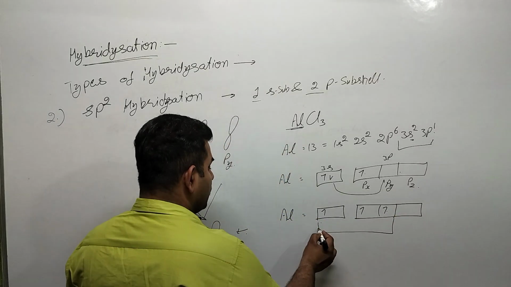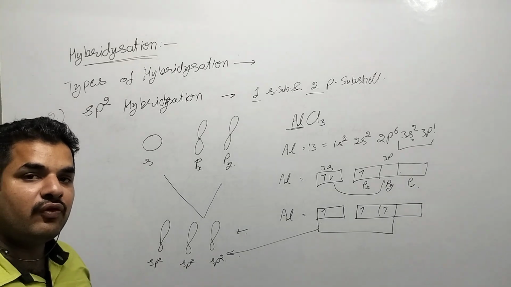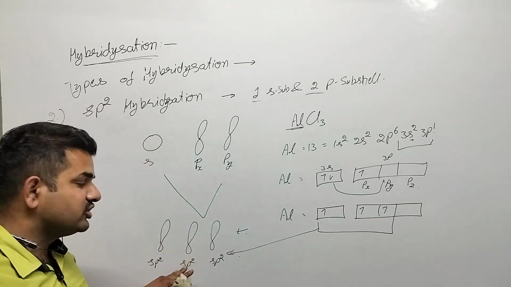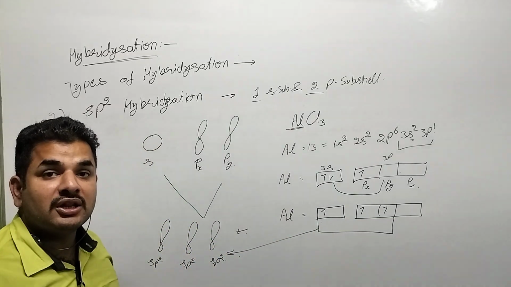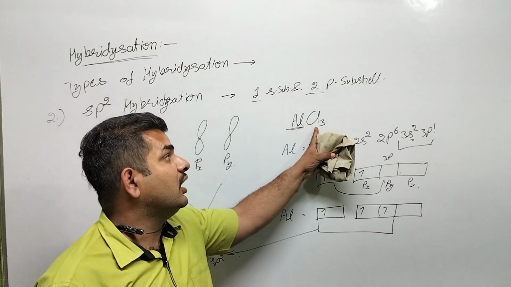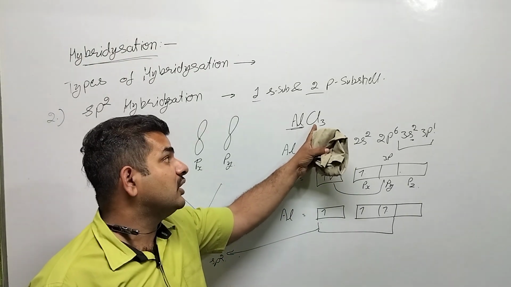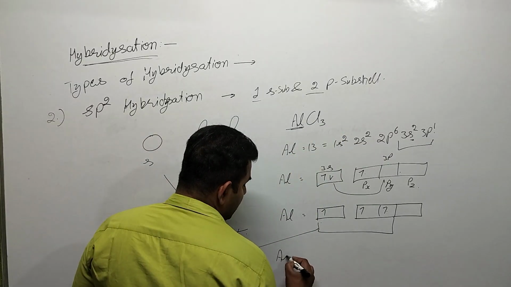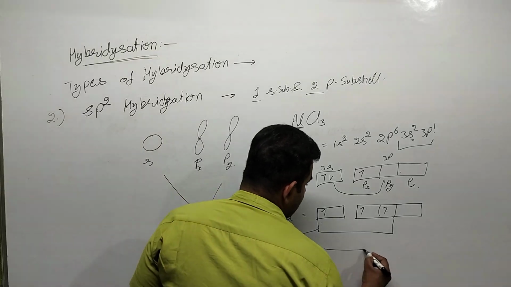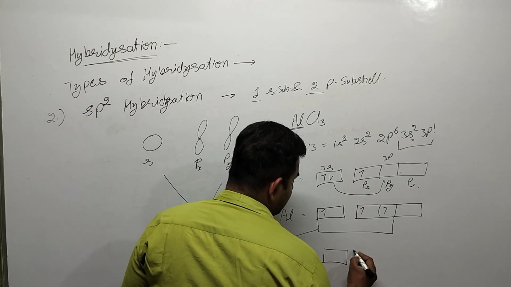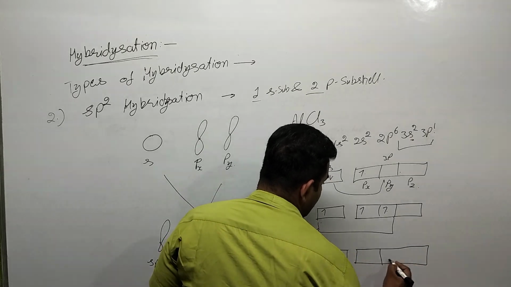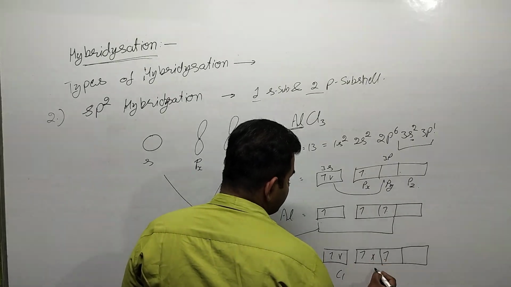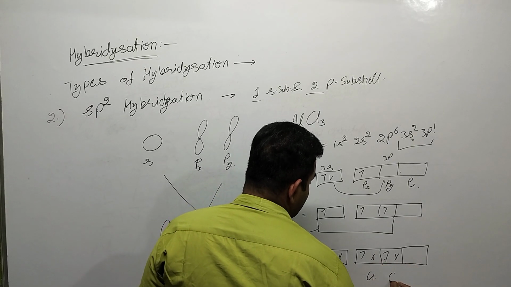Then, in aluminium, one s and two p orbitals intermix with each other and form new orbitals. They overlap with the chlorine atoms. In the case of aluminium chloride, it can be represented as 1, 2, 3: one chlorine atom, the second orbital, and the third chlorine atom.